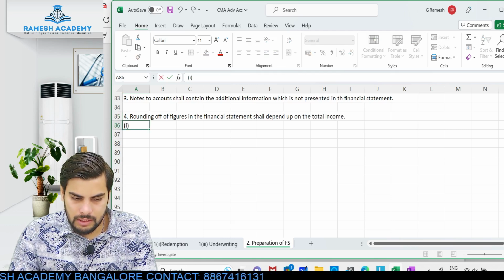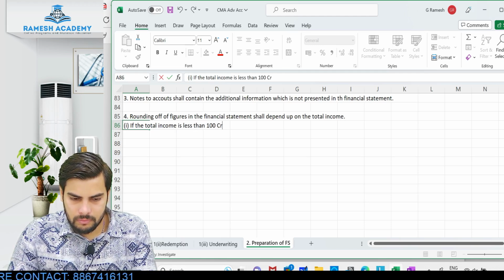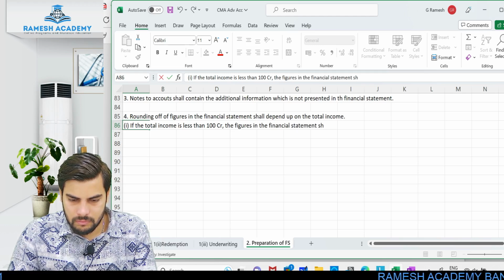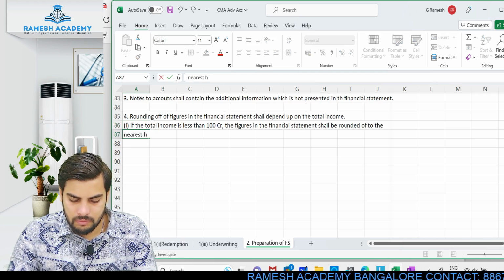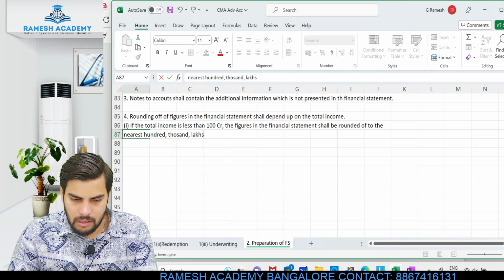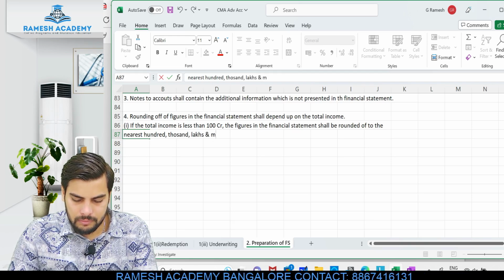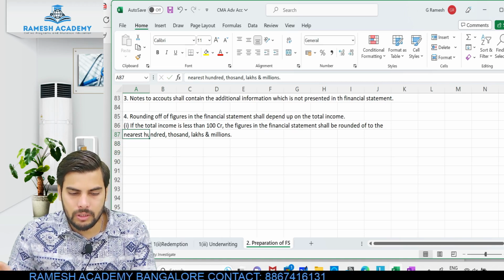So first case is if the total income is less than 100 crores, the figures in the financial statement shall be rounded off to the nearest 100, 1000, lakhs and millions. So million is nothing but 10 lakh, so I can round it off to the nearest 100,000, lakh or 10 lakh.